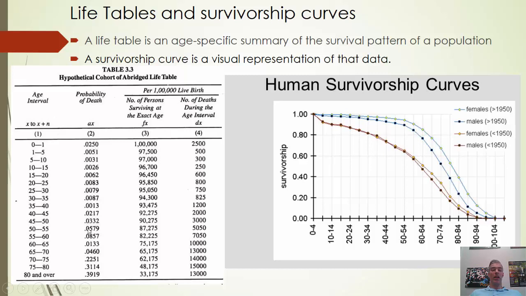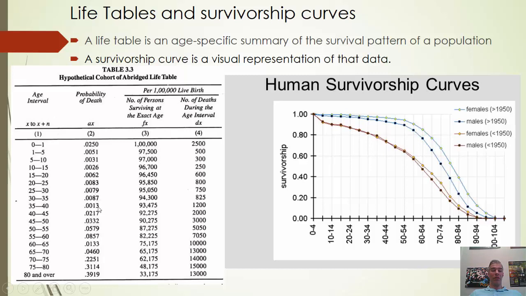Now notice the probability of death, so this is a human life table. The probability of death initially is a little bit higher early on, probably due to infant mortality. Then between 1 and 5, it drops substantially. Between 5 and 10, it drops again, and then it slowly increases again.